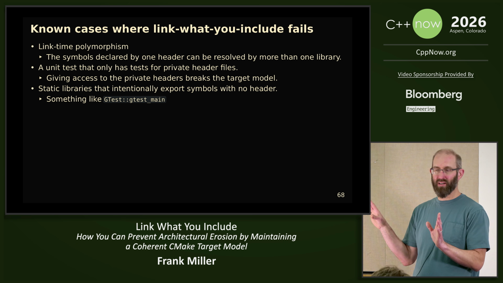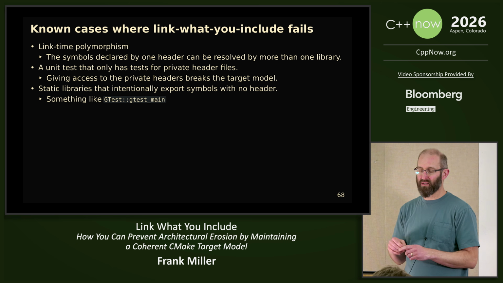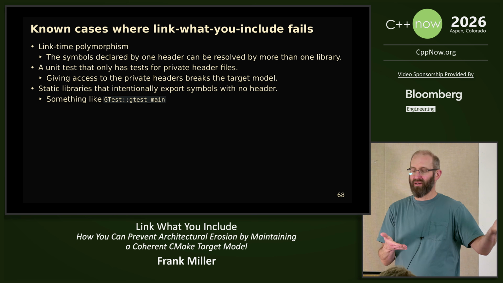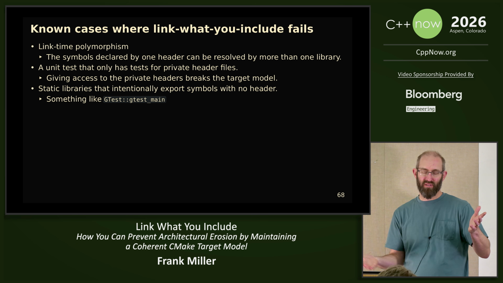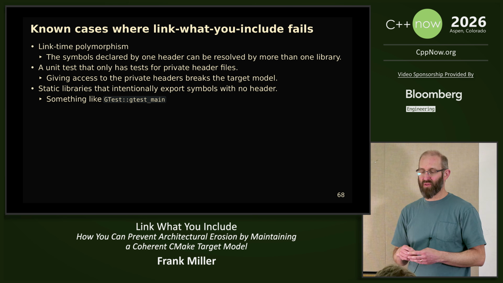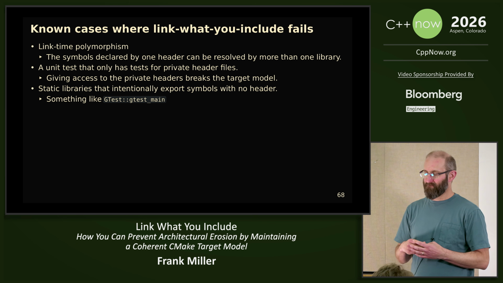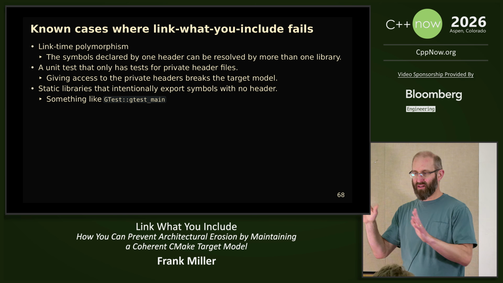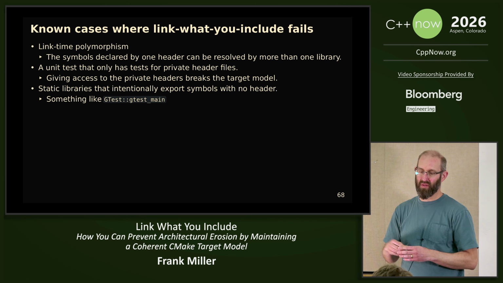I don't think I'm going to fix it. I just want to document it, because the solution for this is to write a test for the public header, which you should, right? And as long as you have that, then this backdoor is just whatever. It's fine. But anyways, it's worth knowing about. This happens a couple times on the Esri code base, and I just ignore that test. That's fine.